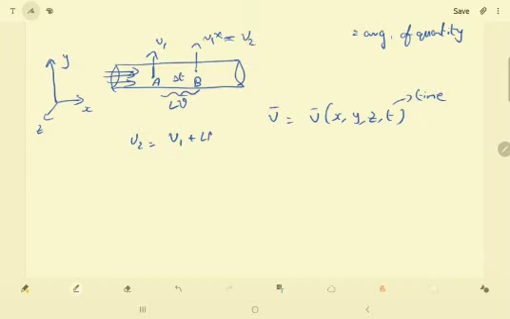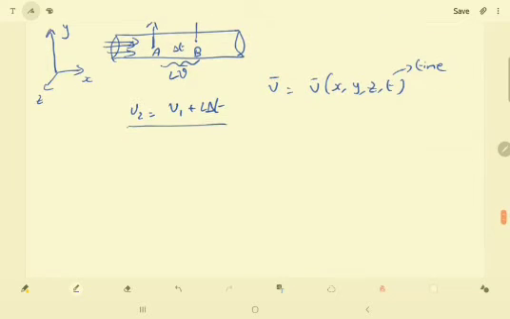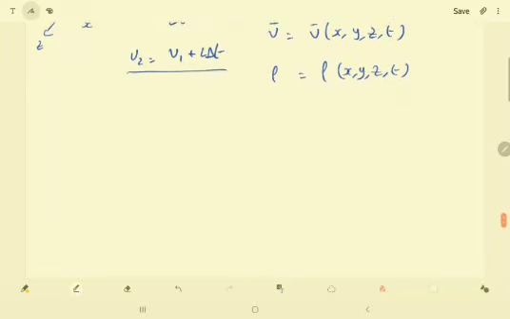So the velocity is v equals v1 plus L del t. Later we can give a vector formula for density also: density equals rho of x, y, z and t. So generally fluid is a smooth and continuous medium.